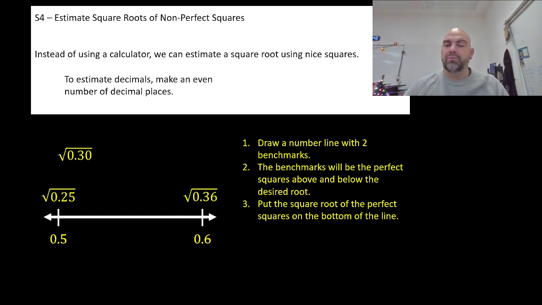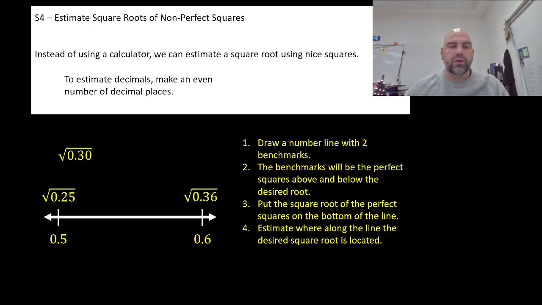We put the square roots of the perfect squares on the bottom of the line, and now we have to estimate where along the line the desired square root is located. 0.30 is roughly about halfway between 0.25 and 0.36. And here we go, there is where I'm going to estimate it's going to be.